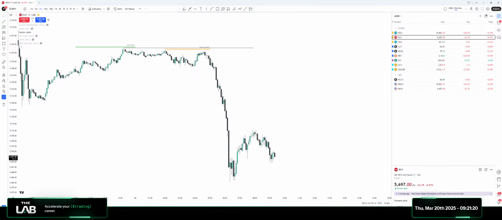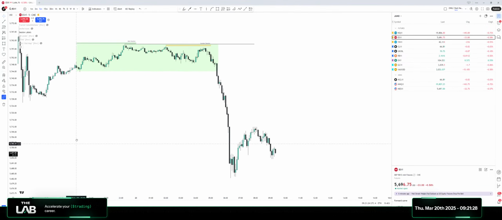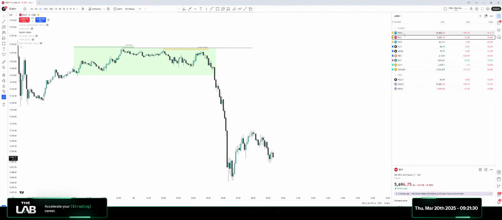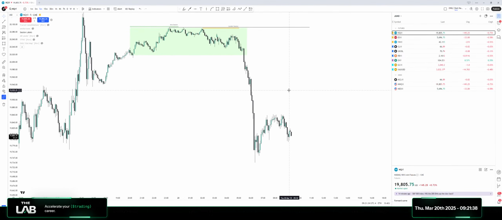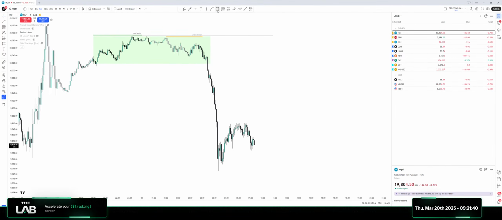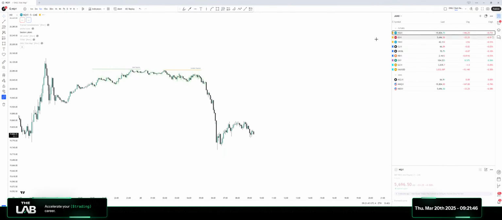Sorry. Again, what I was saying, we do have smooth edges today, and I like to use these smooth edges as my draw on liquidity. Let me draw this. Okay. And what I don't like is that big drop over here, because that feels so heavy on both assets.